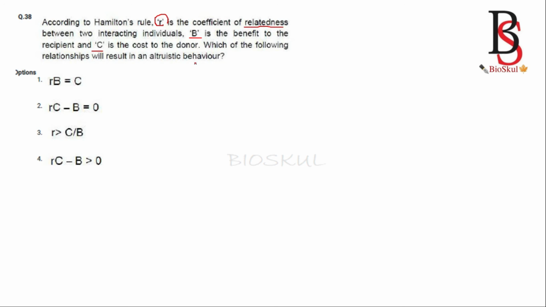So altruistic behavior takes place when the coefficient of relatedness times the benefit is greater than the cost. So we can write it as R is greater than cost by benefit. This is Hamilton's rule, and I have a video on Hamilton's rule. You can go through that video. So the correct answer is option 3.